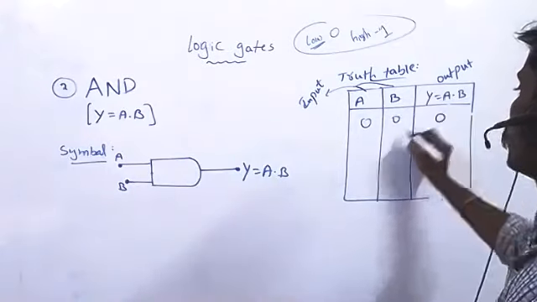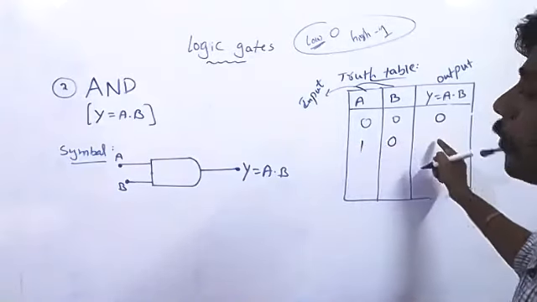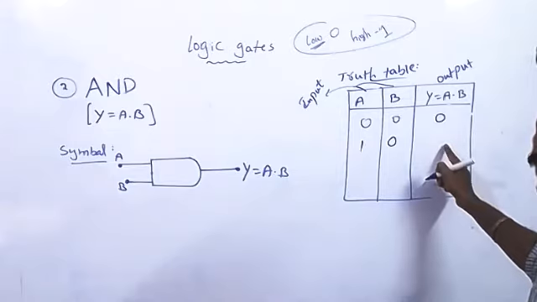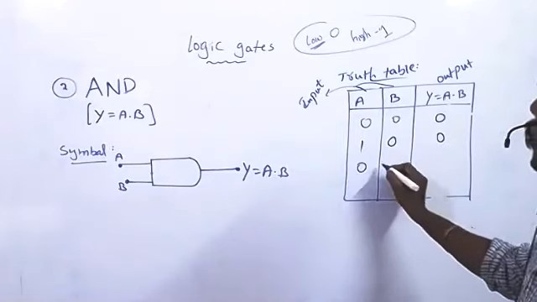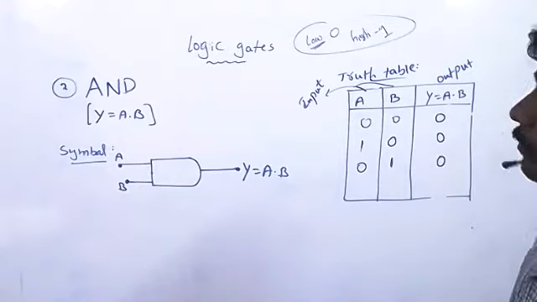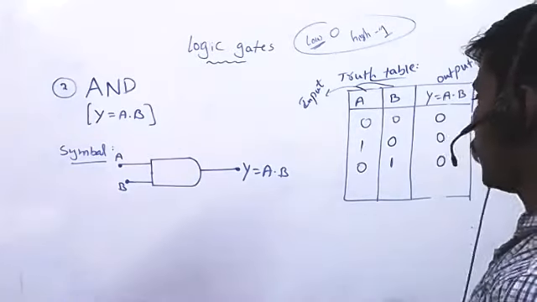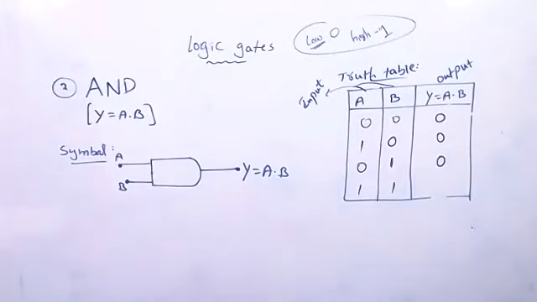So A is high, B is low I given. Output how much will you get? 0, because 1 into 0 is 0. A is 0, B is 1 I given. So 1 into 0, 0. Now 2 inputs I given high. How much output will I get? 1. So this is my AND gate.